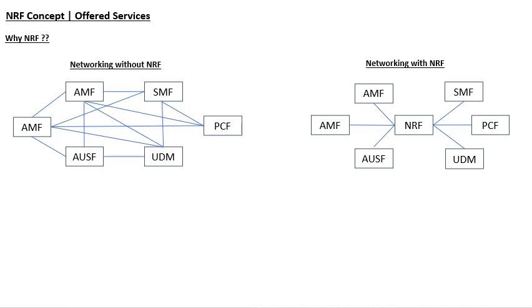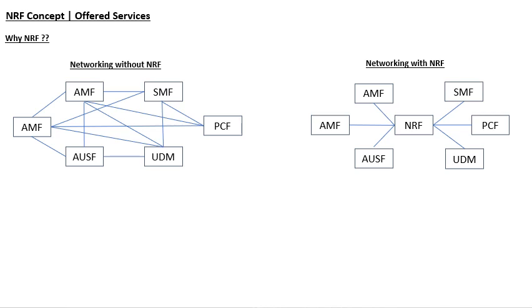Dynamically means AMF doesn't need to take care whether an SMF is down or not, or how many SMFs are available in the network. And if any new SMF comes into the network, there is no need to go and do static configuration. The AMF does not need to maintain all that configuration in its local database, because NRF is the central management function managing the network topology and the available nodes dynamically.